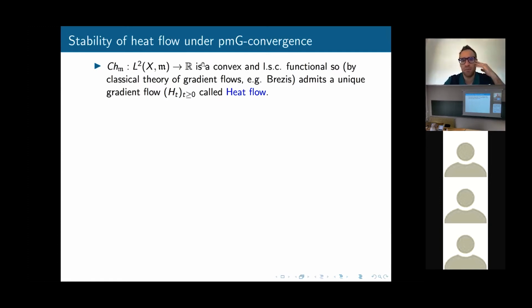And one can show quite easily that it is convex. So the Cheeger energy, as a functional defined on L2, is convex and lower semi-continuous. And so one can apply the classical theory of gradient flows, for instance, by Brezis, and show that it admits a unique gradient flow that we're going to call the heat flow.